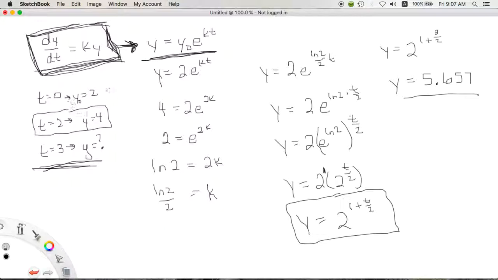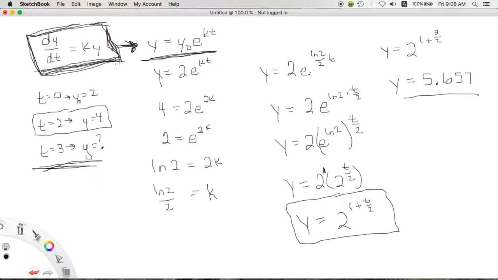And then you just use the initial values and things they give you so that you can find y naught and k and get your equations for the exponential growth and decay. And Newton's law of cooling uses a similar type expression. It derives that a little bit on page 333. But like I say, that's the basic gist of it.